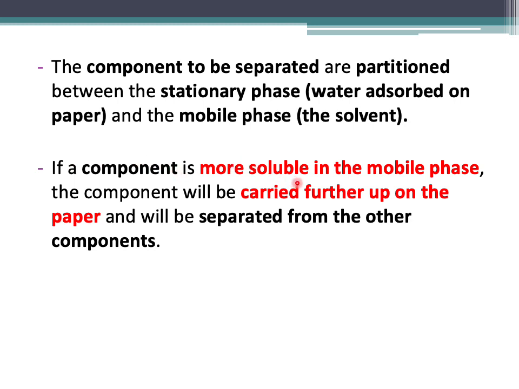If a component is more soluble in the mobile phase, that component will be carried further up the paper and will be separated from the other components. So separation depends on solubility. If a component is more soluble in the mobile phase, it moves higher up the paper, because it dissolves more in the mobile phase.